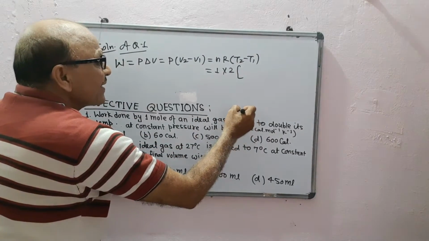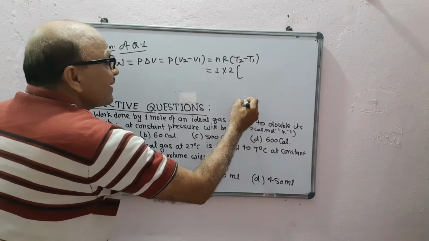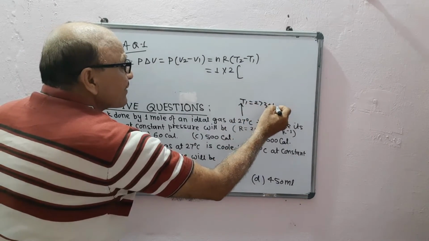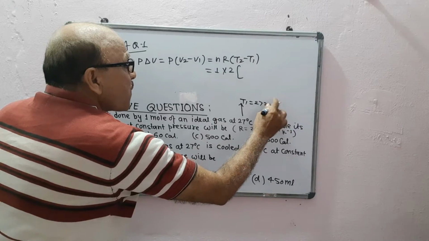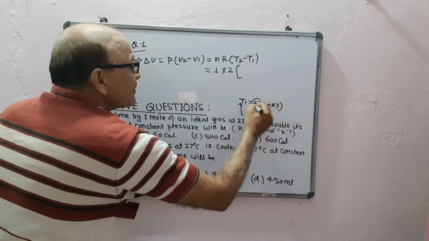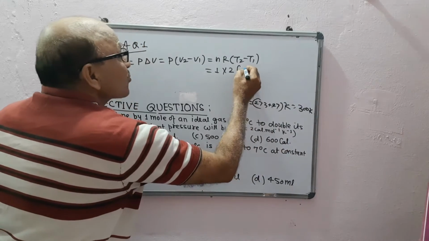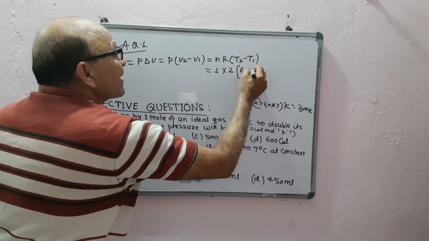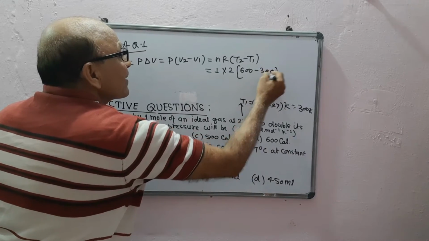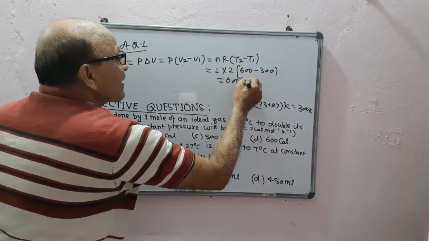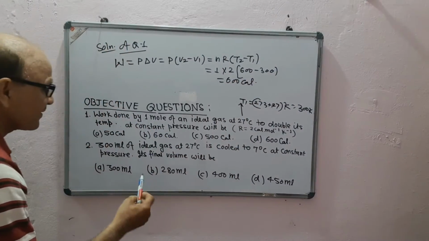T1 is 273 plus 27, which is 300 Kelvin. So this becomes 600 minus 300. The answer will be 300 into 2, meaning 600 calories. The correct answer will be this one.